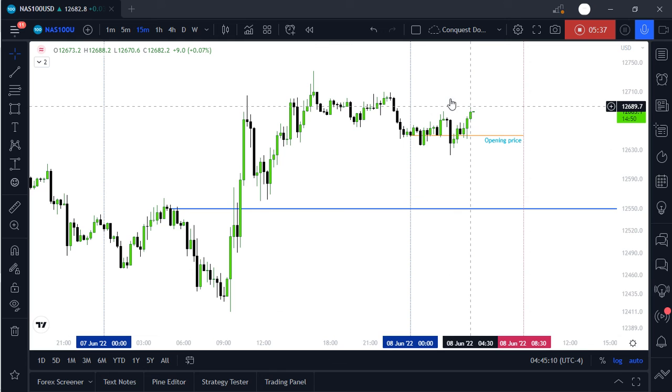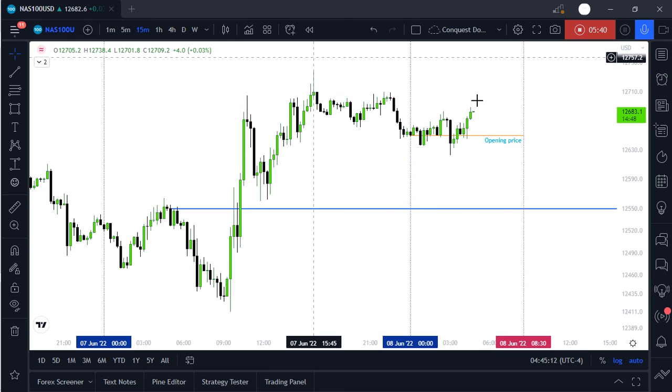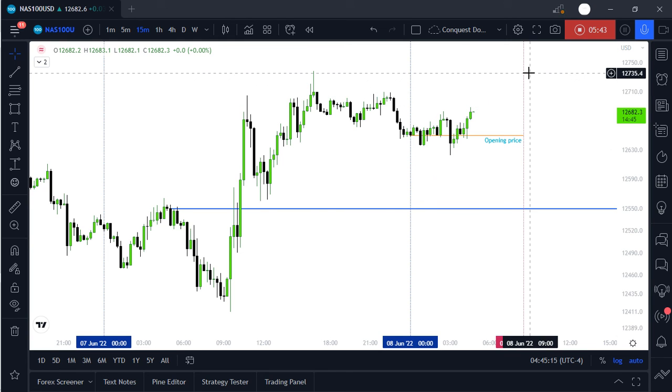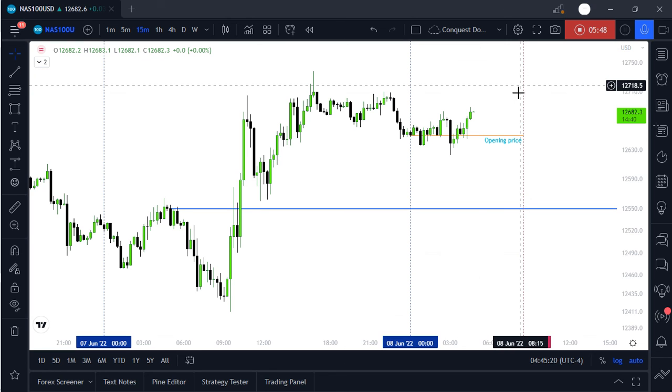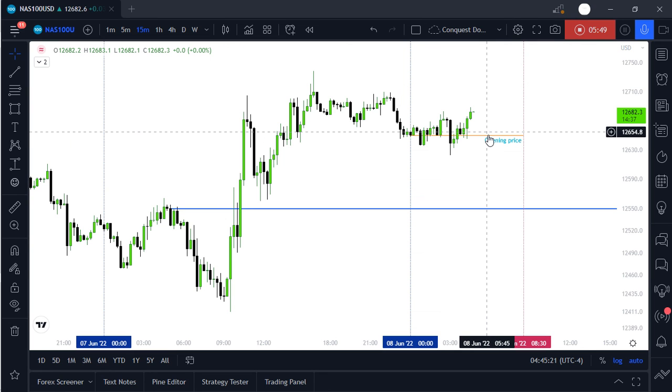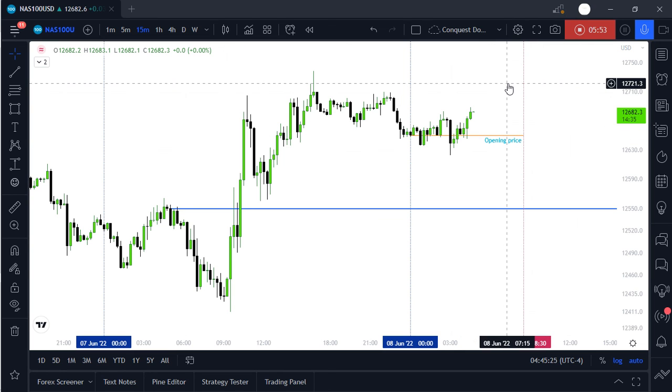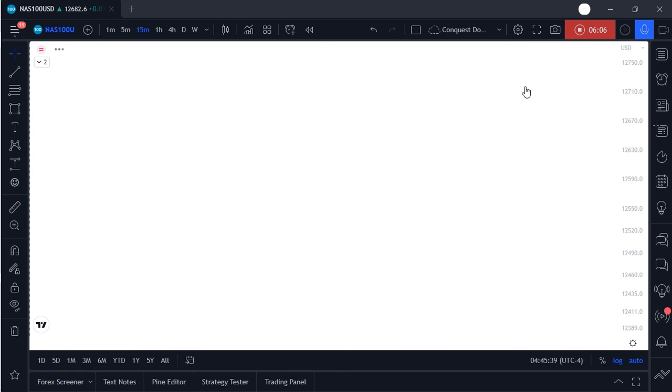But if price runs out these highs into the New York Open, I do expect price to pull back quite close to the midnight opening price. And I'll also take a look at the 8:30 opening price to see if price will allow for a move down prior to the bullish move that I'm expecting today.